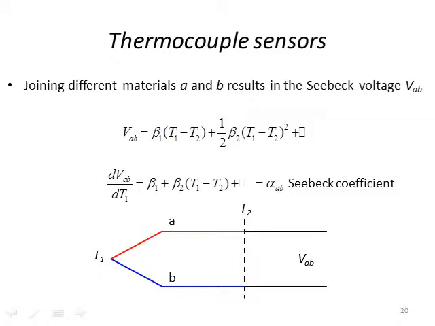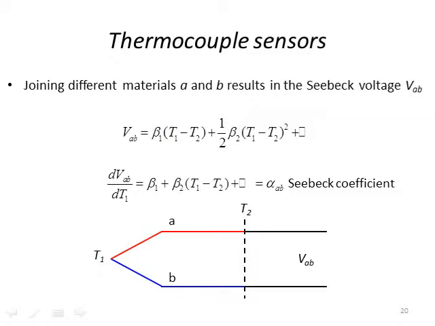So in this case, we have material A, which is in red, and material B, which is in blue. When they're joined together on the left, that's going to be our sensing head, and then both of these are connected to material which is in black, and those are going to be at temperature T2. So that's our cold junction, and our hot junction is going to be T1.